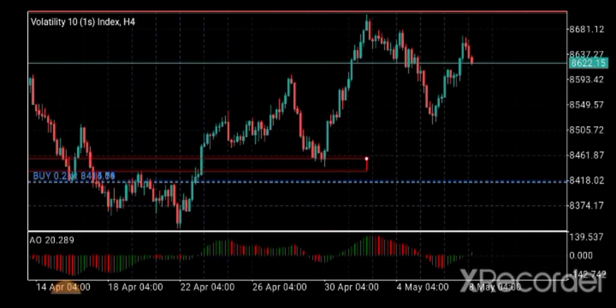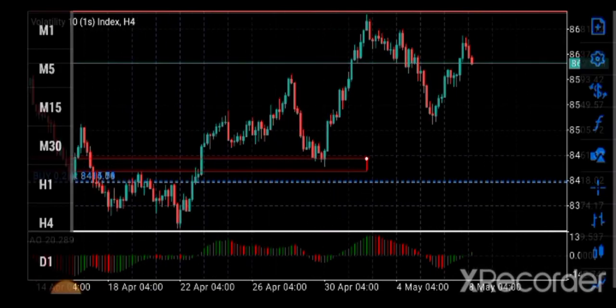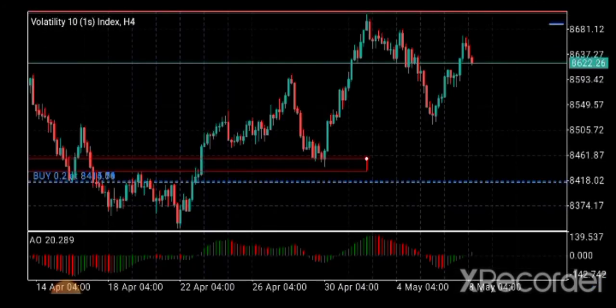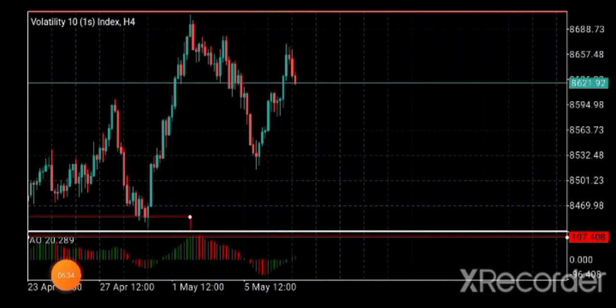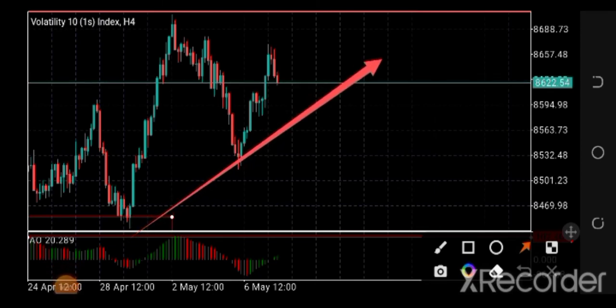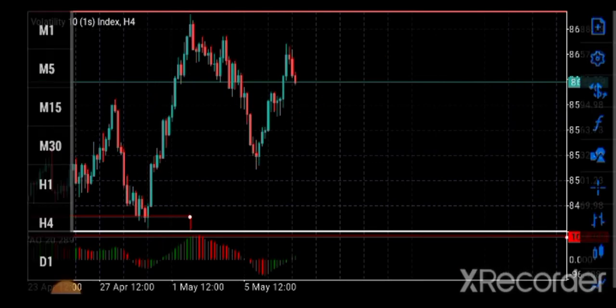I'm sure we can have a trend line which can touch these points. Let me use this one.